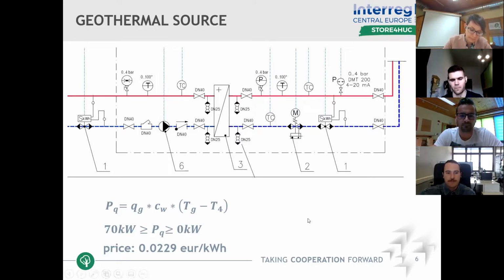And the very important thing, I think, for this geothermal source is that we figured out that it's not, let's say, a constant supply, but there is a time in a day where you have a possibility to draw more, and then maybe a time of the day where the supply temperature in the geothermal source is too low.